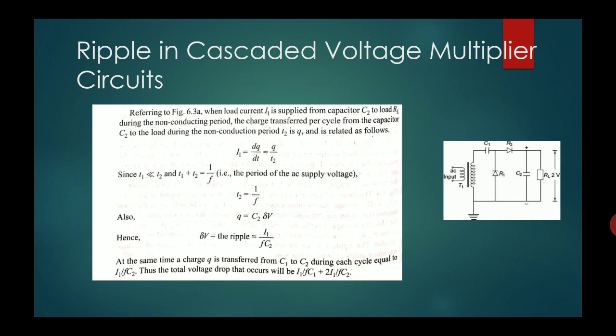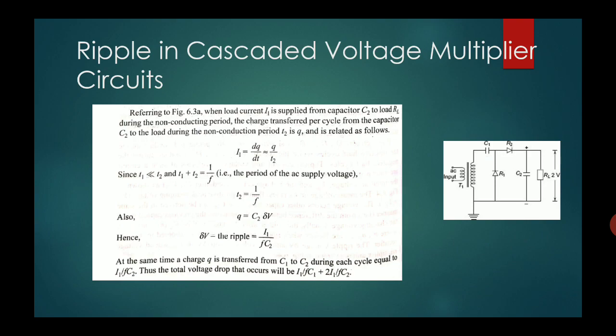Since T1 is very less than T2, T1 plus T2 is 1 by F, where F is the supply frequency, so T2 is about 1 by F. Also Q is C2 into delta V. Delta V is the ripple, hence delta V or the ripple is I1 by F into C2.